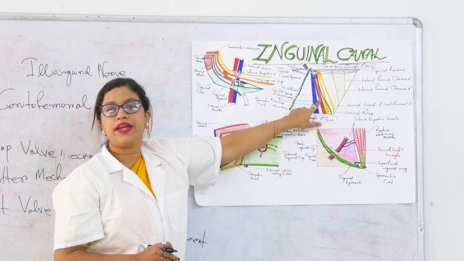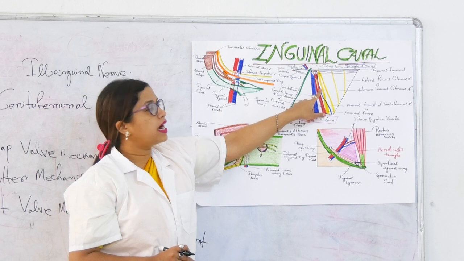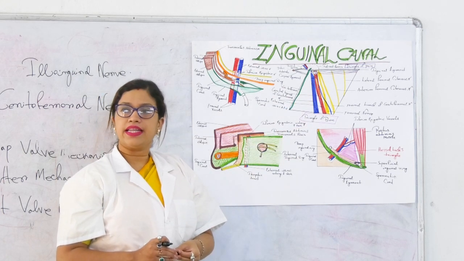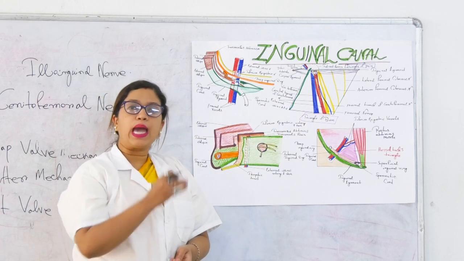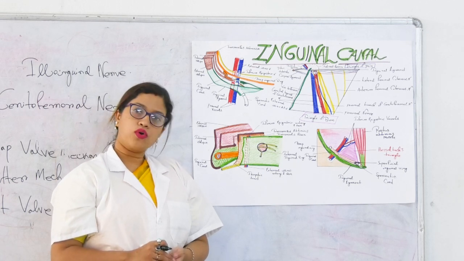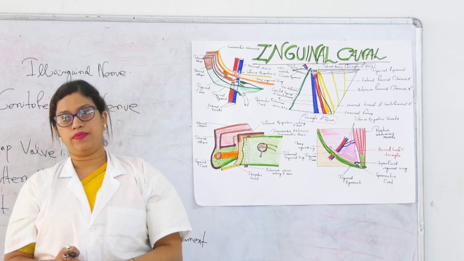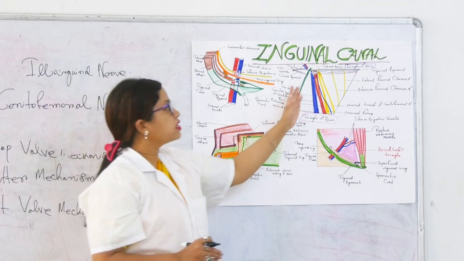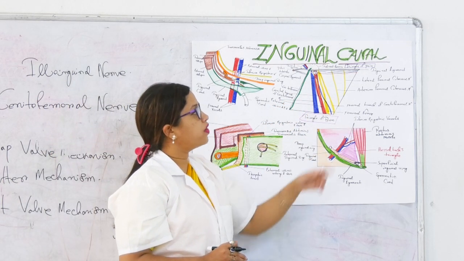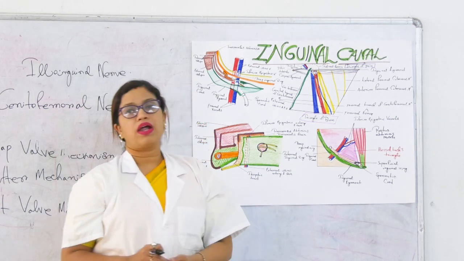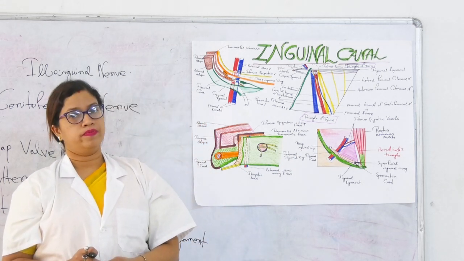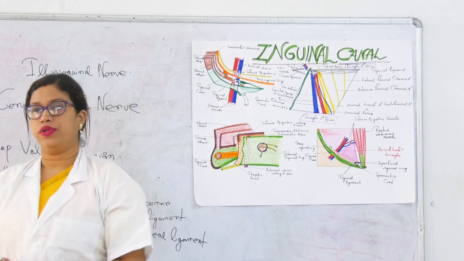How do you identify it? You have to see this artery. This is the external iliac artery. So it lies above the external iliac artery. That would be the genital branch of the genitofemoral nerve. And towards the lateral side, you get the femoral branch of the genitofemoral nerve. So it has two components.